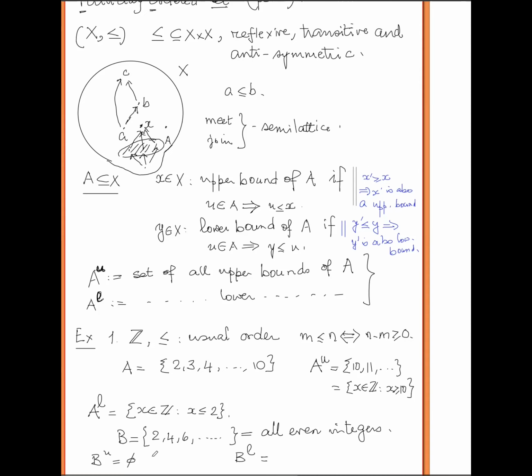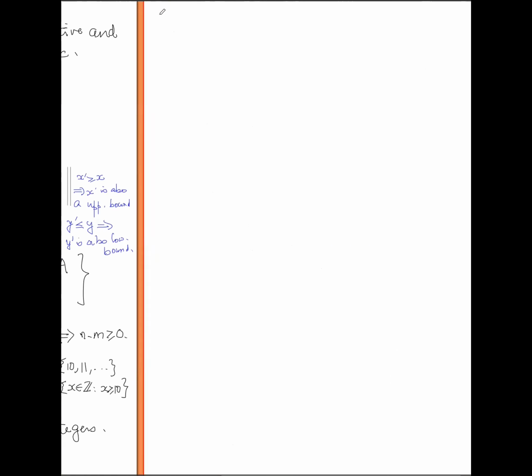So let's write it down. What does it mean that x is not an upper bound of A?